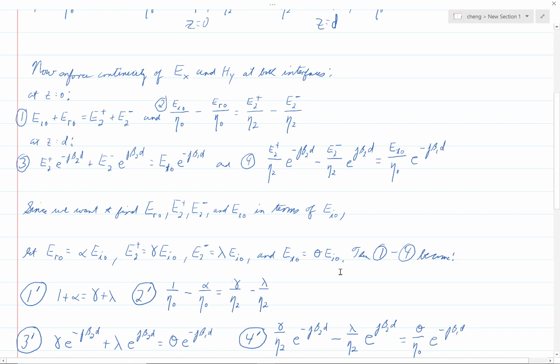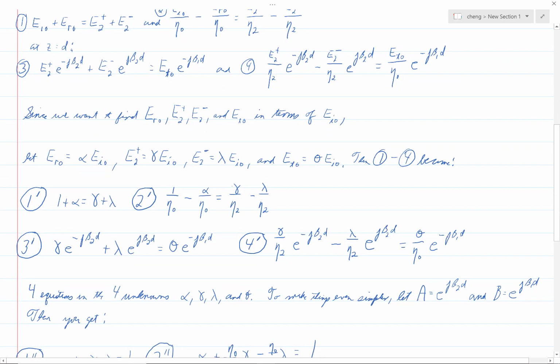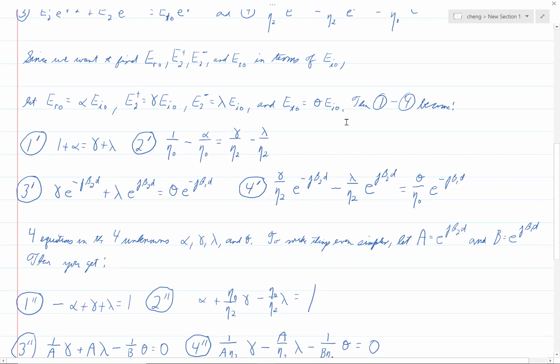This is just to make these equations come out looking simpler. When we make those substitutions and cancel out E_i0 everywhere that we can, the 4 equations 1, 2, 3, 4 become 1 prime, 2 prime, 3 prime, and 4 prime.